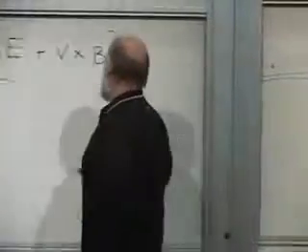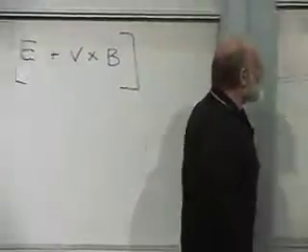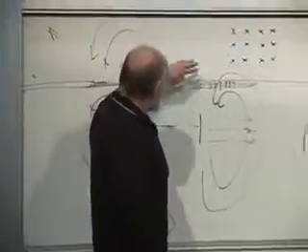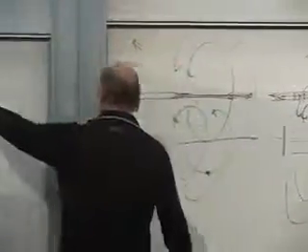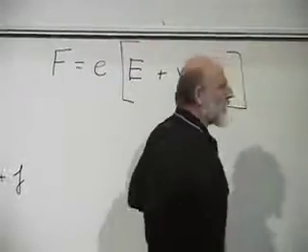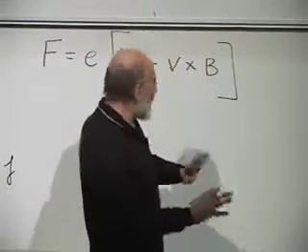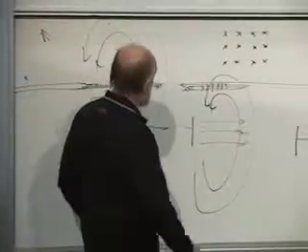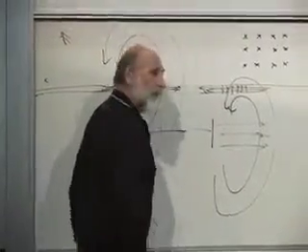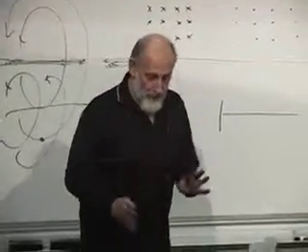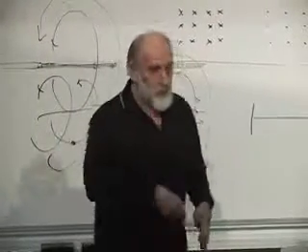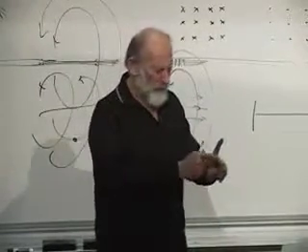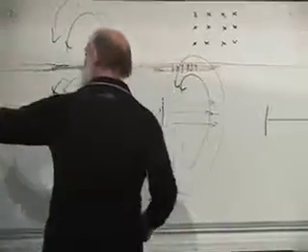V cross B, if you don't know what a cross product is, I'll rough it out for you now, but not with mathematical precision. It's first of all a vector which is proportional to the velocity, proportional to the magnetic field, and in the direction perpendicular to both of them. It's also proportional to the sine of the angle between the velocity and the magnetic field.